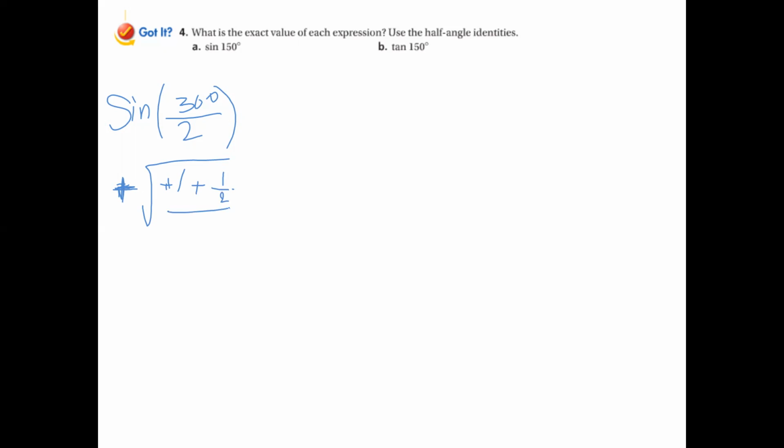For the sine, it is 1 minus. So 1 minus 1 over 2 is 1 over 2, over 2 is 1 over 4. Square root, so positive 1 over 2. This is now the sine of 150.